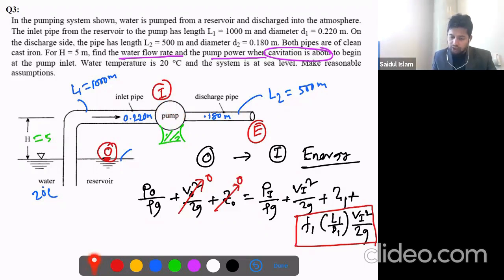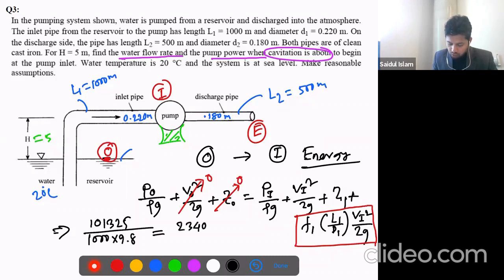So we will substitute all the values. P naught is 101,325, or in some cases we can use 100,000; we all get more or less the same solutions. The density is 1000, gravity 9.8. P_I is 2340 Pascal.